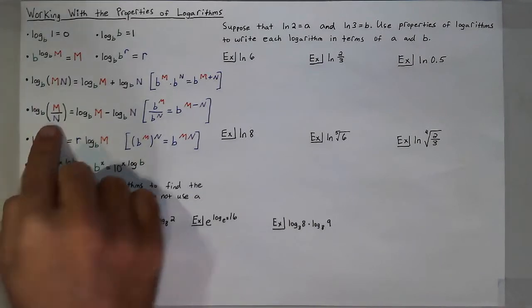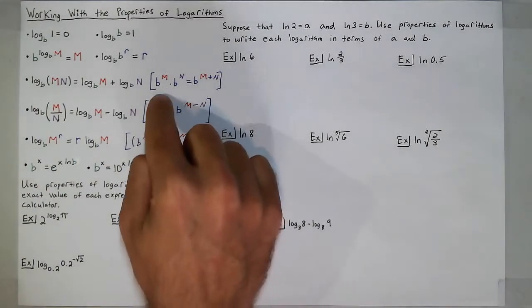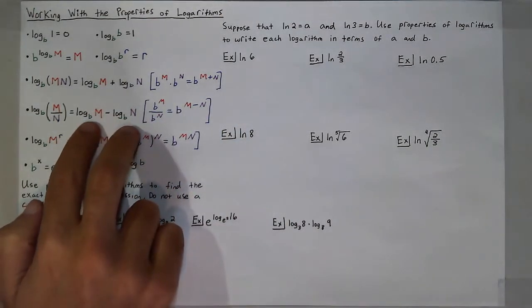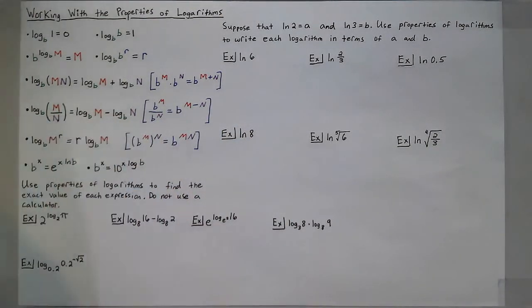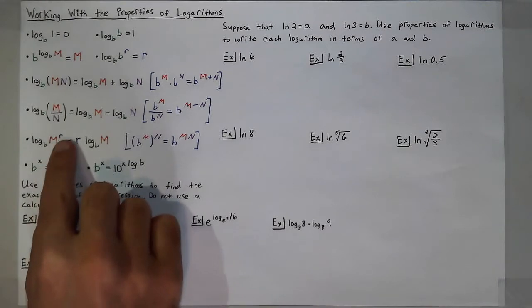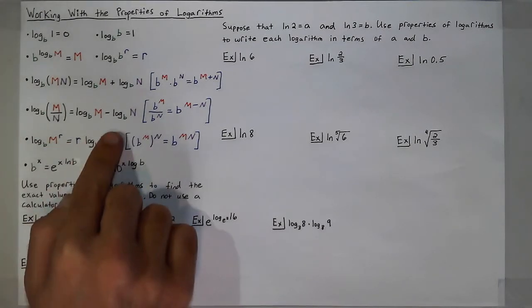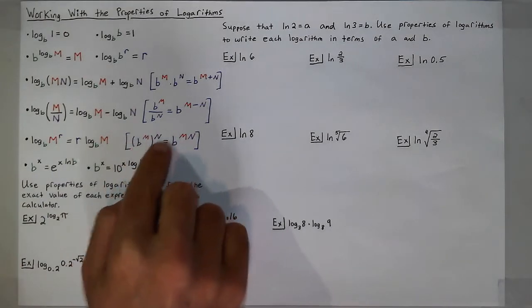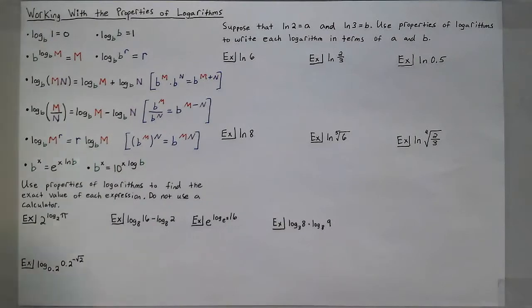Same thing with division. Normally when I divide two exponential functions, I subtract their powers. So it makes sense that the two logs should be subtracted if I were to separate those into two logs. And if I have a power within an exponential function, that can actually just multiply to the logarithm. That same knowledge comes from whenever I raise a number to a power, I can multiply their powers together, since the log would represent an exponent, just like r would be in that expression.